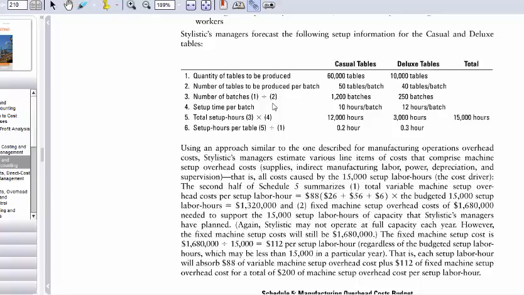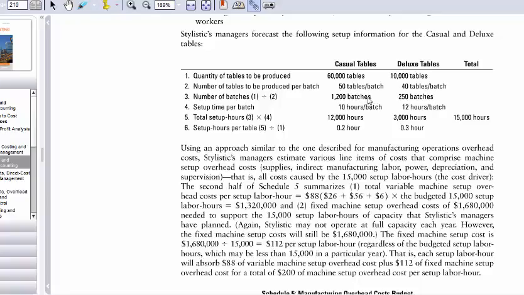So the setup time is affected. If we can only do 50 tables in a batch and we're making 60,000 tables, how many batches will there be? 60,000 tables divided by 50 tables per batch means we're going to do 1,200 batches.